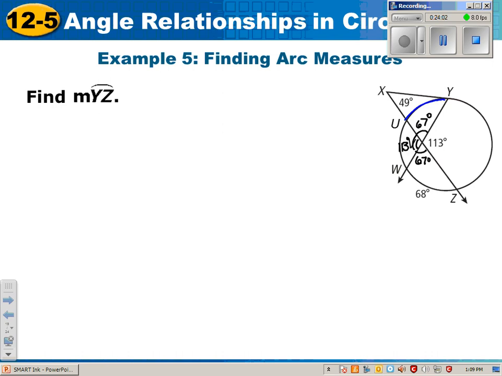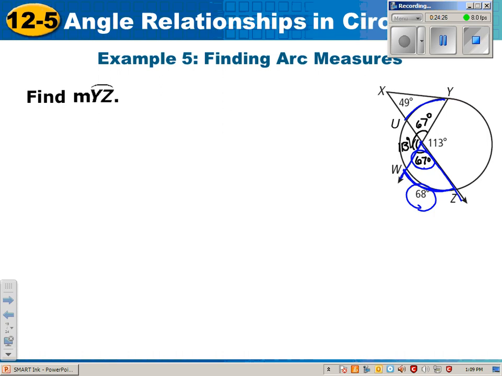Write down your formulas. I see a lot of people kind of stuck and not sure what to do or had the wrong answer, but when I'm asking what are you doing, they don't have any work down. They're trying to do too much in their head. Write your formula down. So first thing I would notice is this angle is 67 and it's inside. This arc is what it intercepts, which is 68.